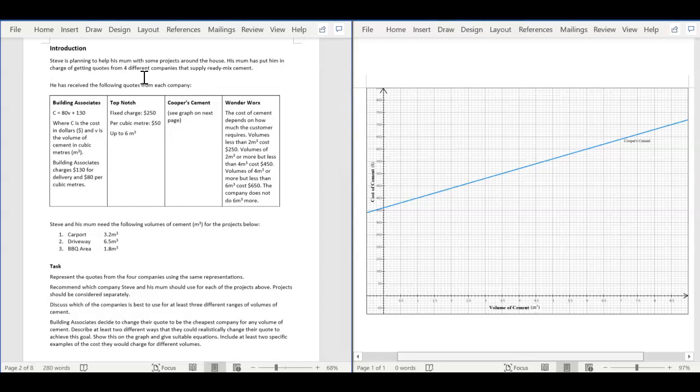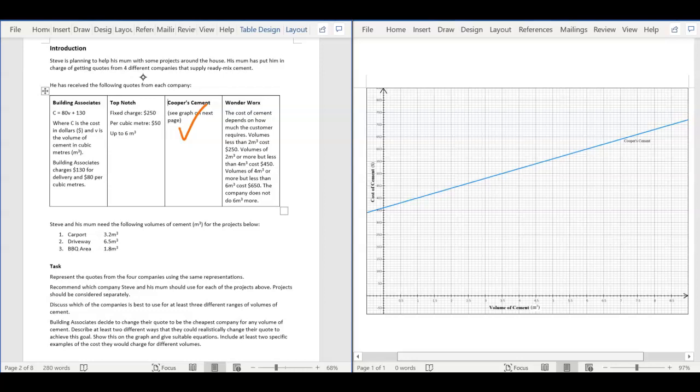So we're going to jump into this example, and the first thing you always want to do is draw your graphs. So we can see Cooper's Cement has been drawn for us. So we've got to do Wonderworks and Top Notch and Building Associates. All of those need to be drawn for us. So let's get into them.